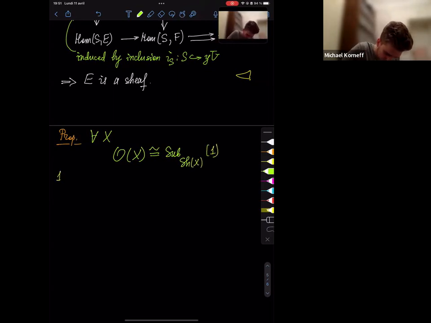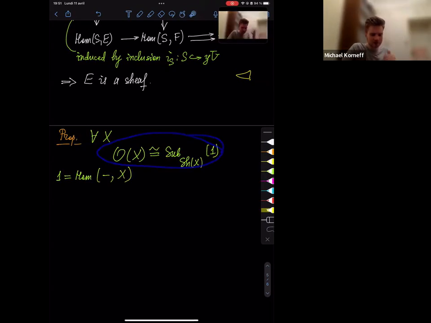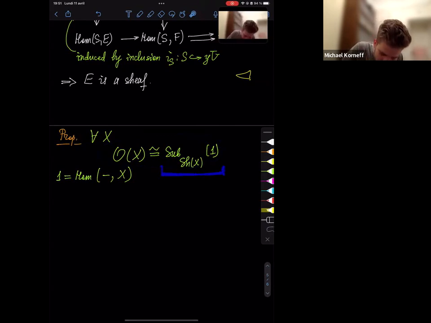The terminal sheaf is just hom to X, and thus the topology of the space X is uniquely characterized by the subsheaves of the terminal sheaf.